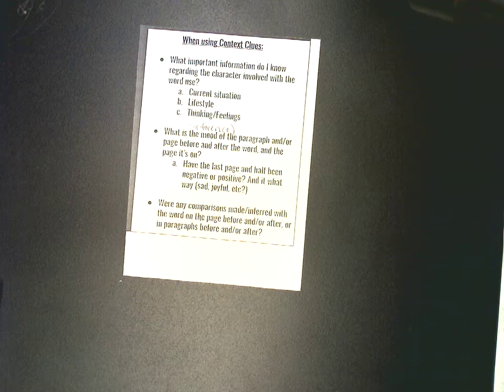But then we have another, and that is characters. Really thinking about characters, and this is pretty much knowing the story. When you really understand the story, you've been reading the story, you know what this character is going through. More than likely, if you come across a word while that character is still going through a certain situation, that word may have something to do with that.